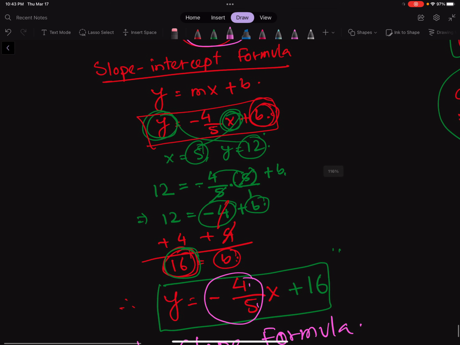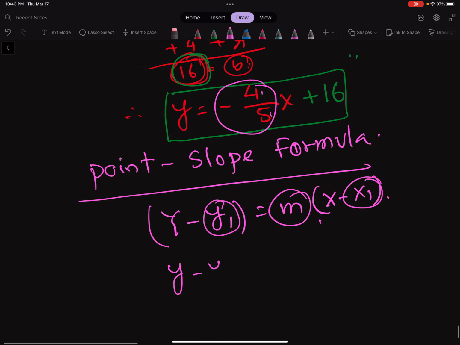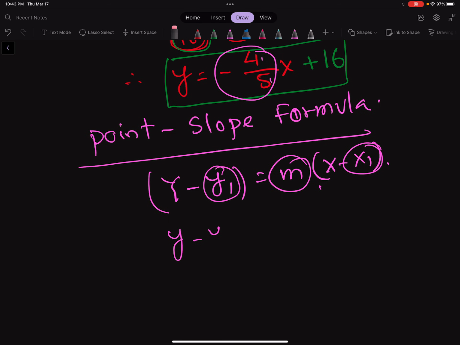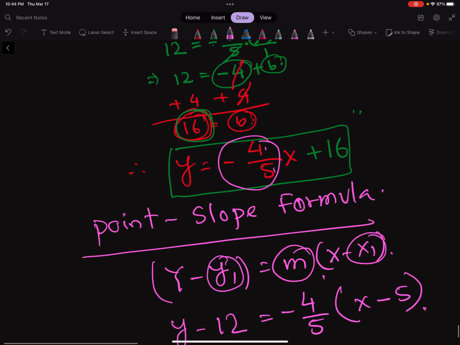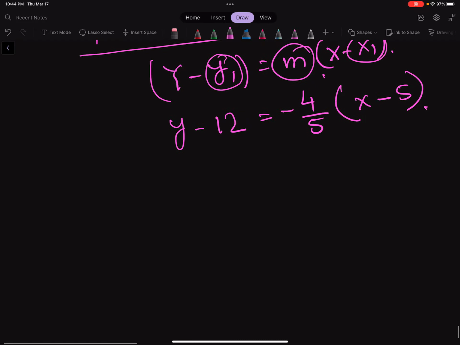My x is 5, y is 12. So we can write y minus 12 equals negative 4 over 5 times x minus 5. Now I'll simplify.